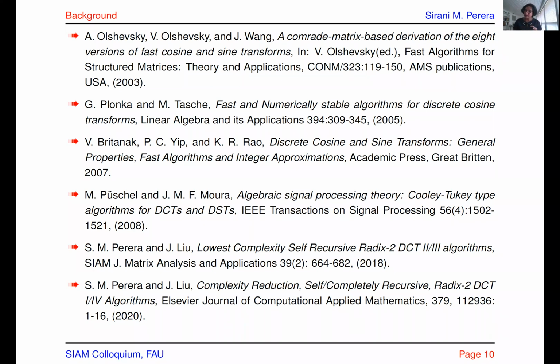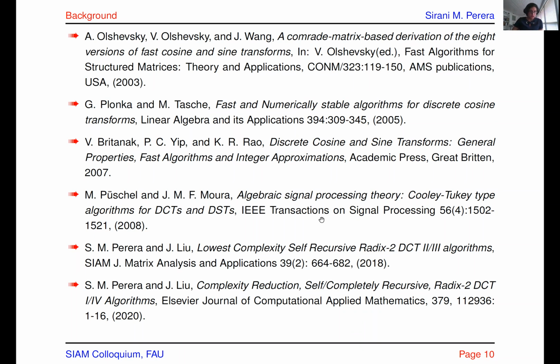In the polynomial arithmetic technique, we take the matrix DCT or DST, hit it with the vector, and we have an output. We take this output, construct a degree n polynomial, and then we use the divide and conquer technique on the degree of the polynomial to reduce it into n by 2, n by 4, and n by 8, and so on and so forth. That will help us derive the fast algorithm.